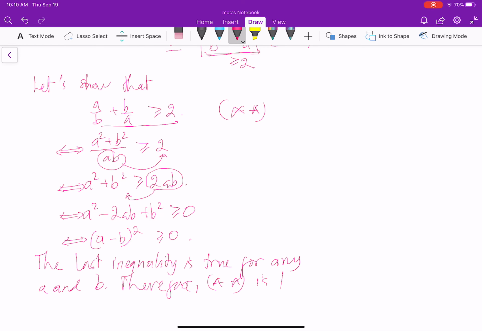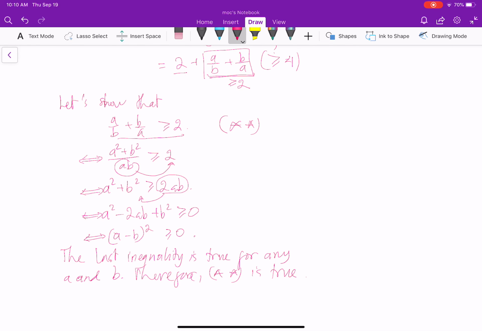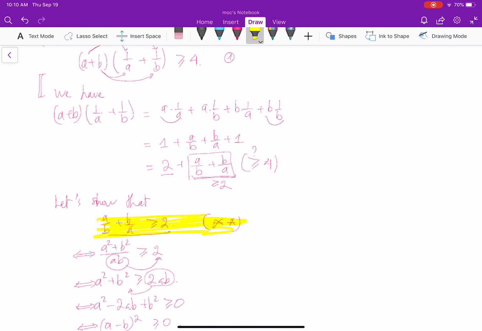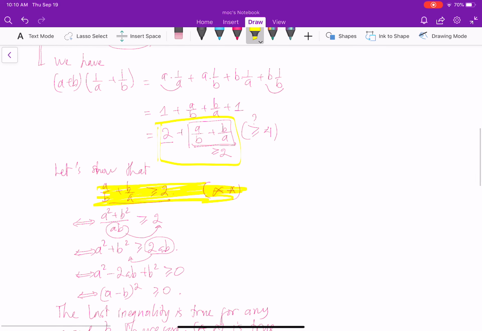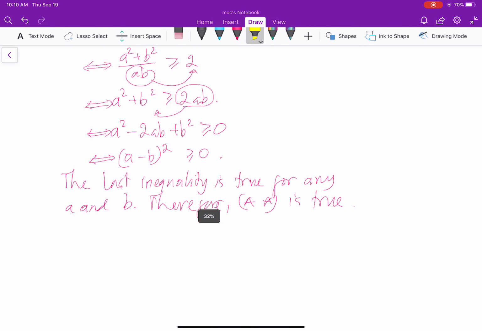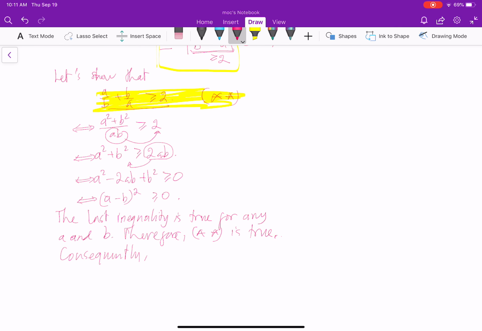Since 2 star is true, that implies that when you add 2 to it, consequently, we go back and get a plus b times 1 over a plus 1 over b greater than or equal to 2 plus 2, which is 4. So that is what we needed to prove.